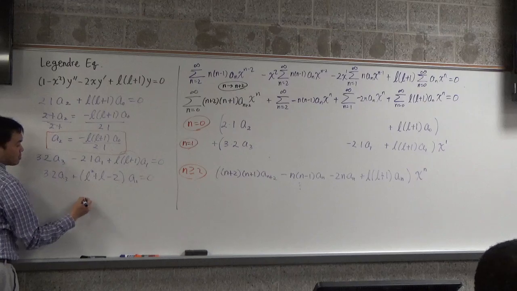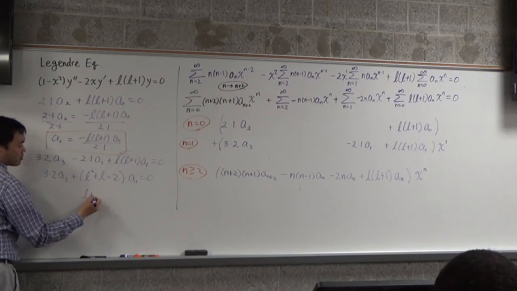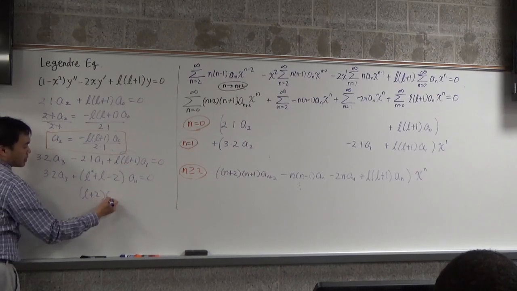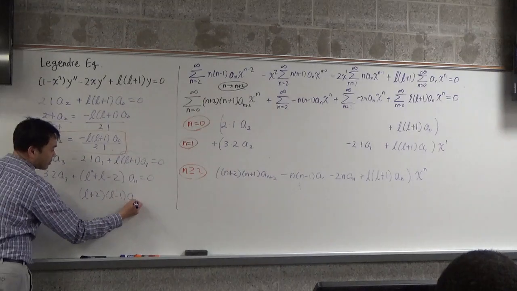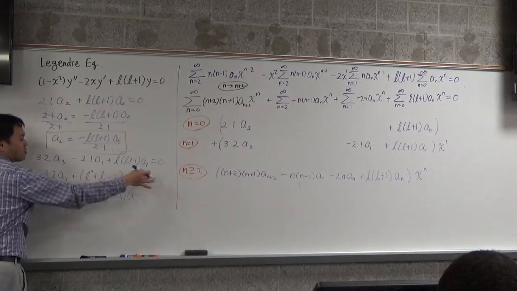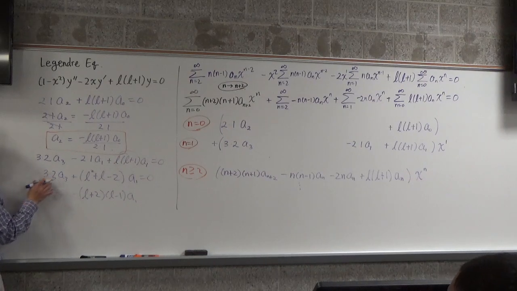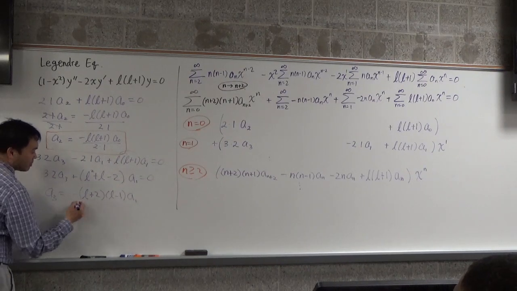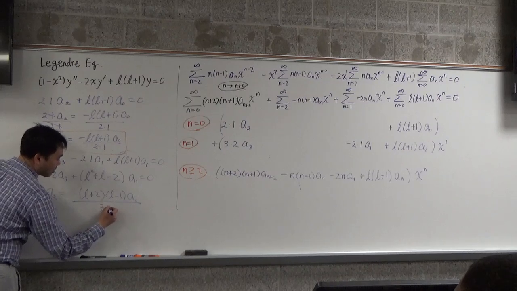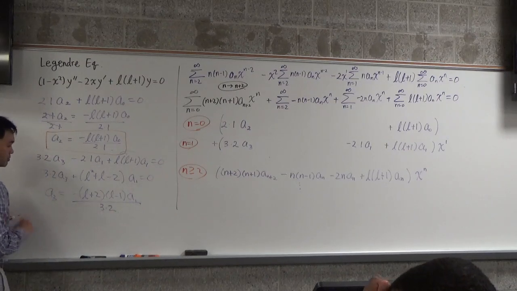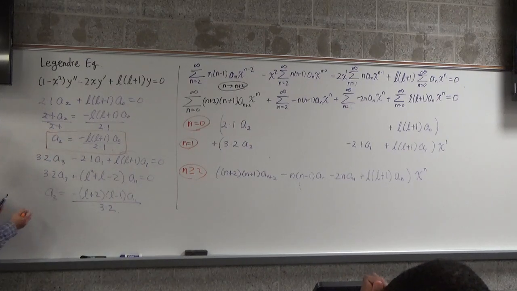And this factors as what? l plus 2, l minus 1, a1, right? And I move this to the other side, so that gets minus. And a3 has 3 times 2 in front, so I divide by 3 times 2. So that's my result for a3.